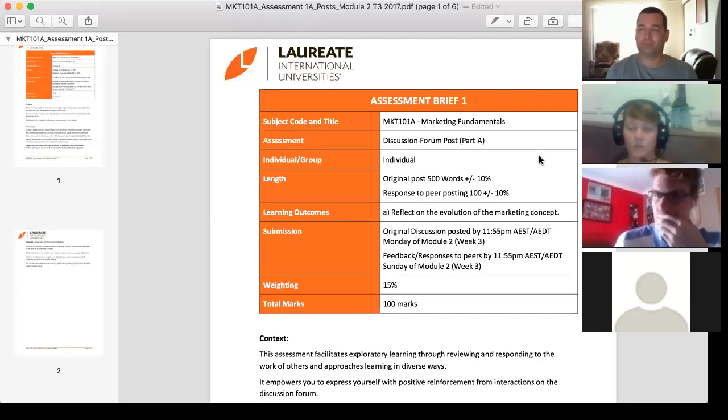When you are assigned to a group, you will have a discussion forum for your group only, so you can use it to communicate with the others.